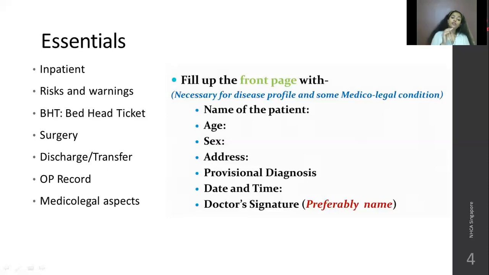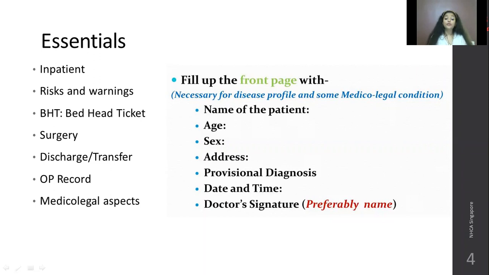There are a few areas where even without the consent of the patient you can give out the medical records. Usually it is when you are referring to another doctor. When the patient is ready to go to another doctor, the medical records can be transferred.